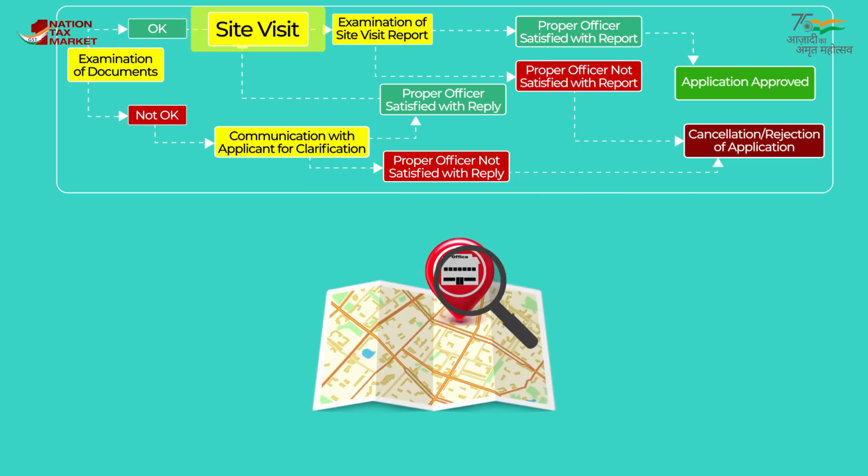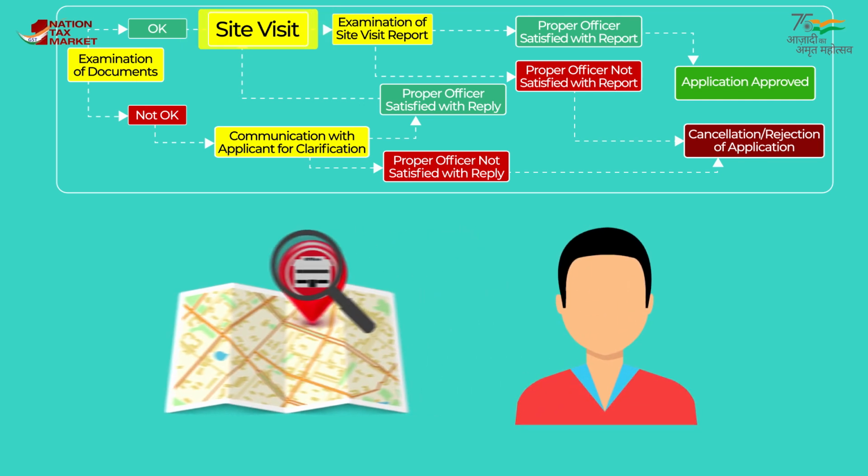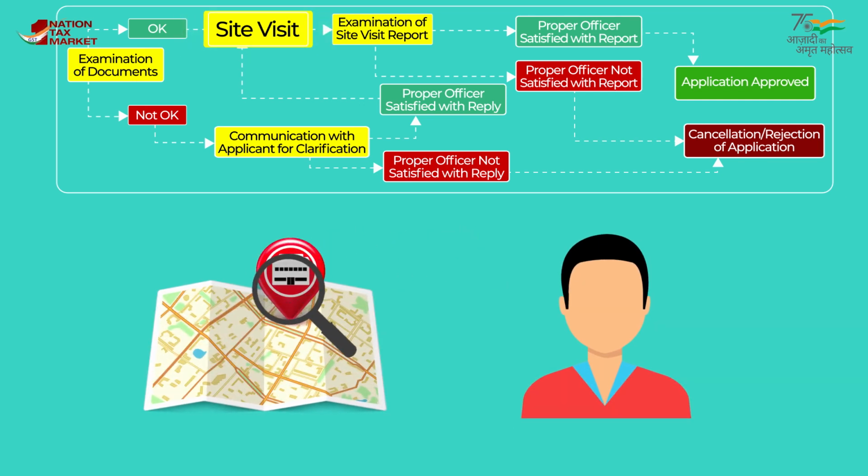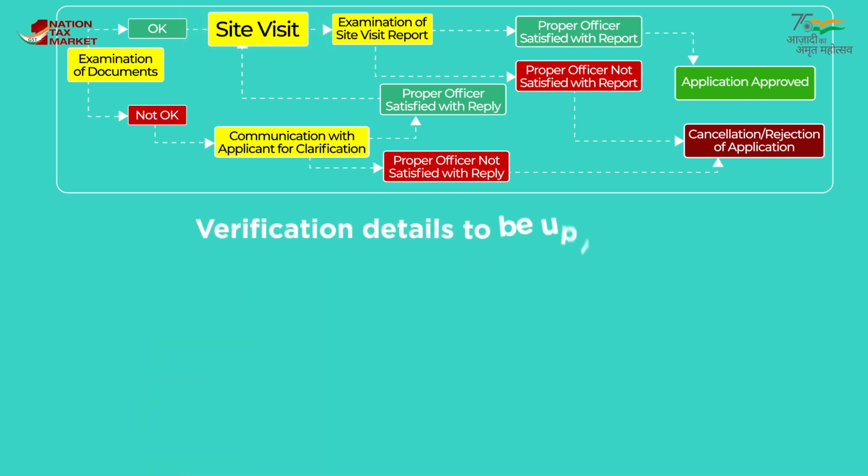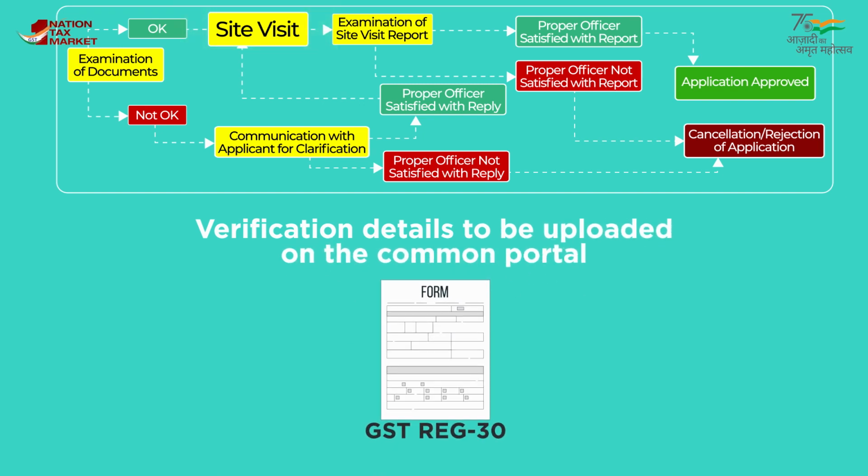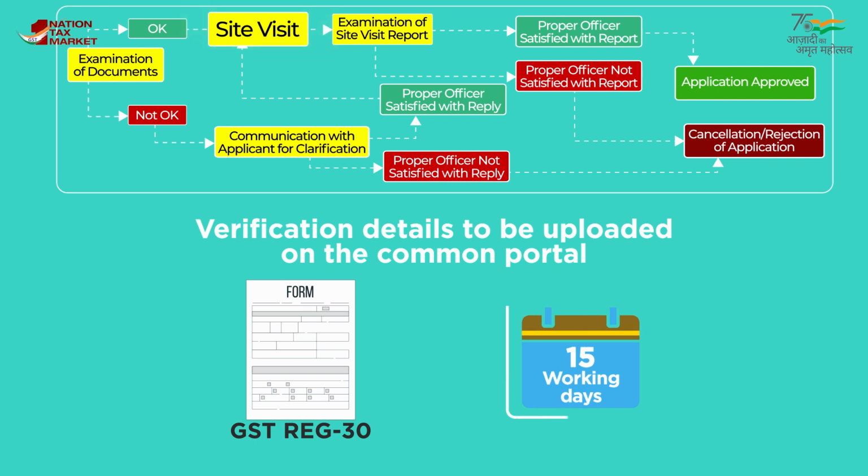Physical verification of the principal place of business is conducted in the presence of the applicant, details of which are to be uploaded on the common portal via Form GST REG-30 within a period of 15 working days following the date of such verification.